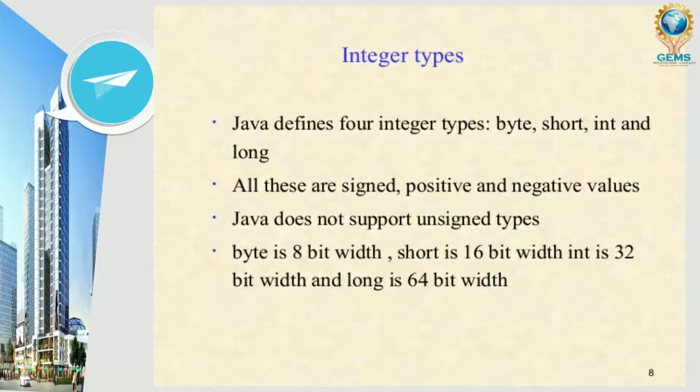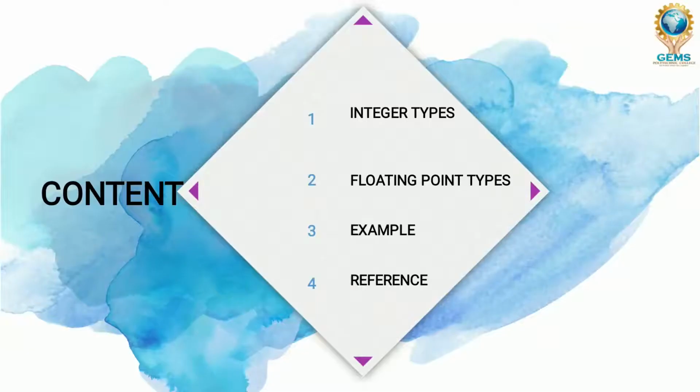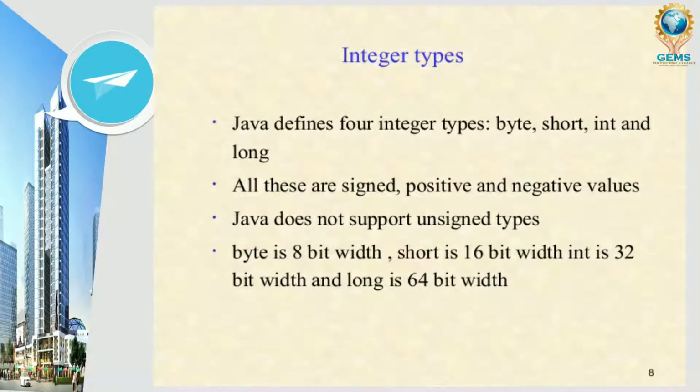Among the 8, 4 come under integer types. What are they? Byte, short, int, and long. These are the 4 different integer types.